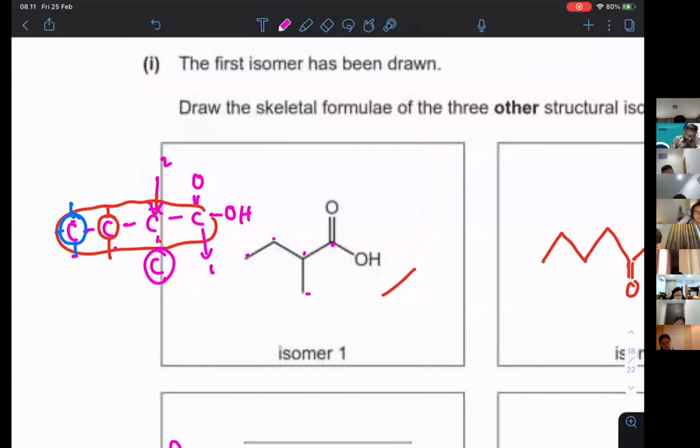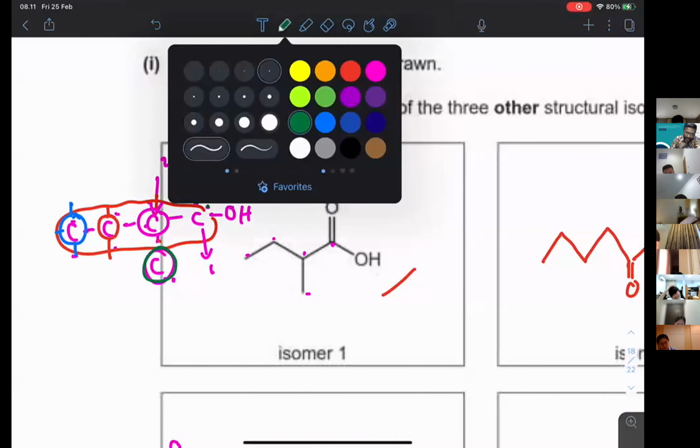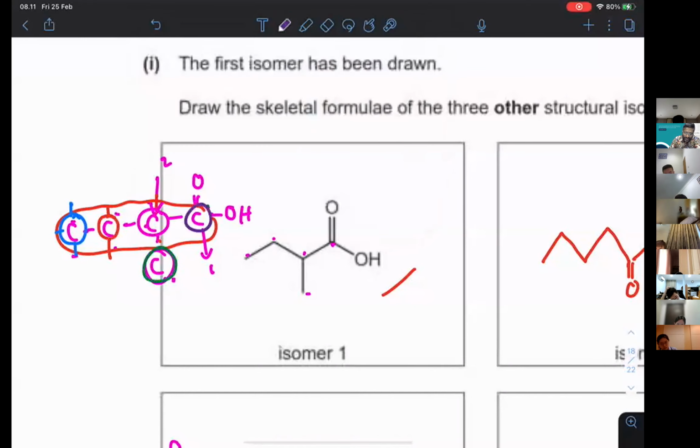That carbon is attached to carbon with all this, so another environment also. And this carbon is attached to COOH, another environment. So definitely this is not what we are looking for, because this is going to have 5 environments or 5 peaks.